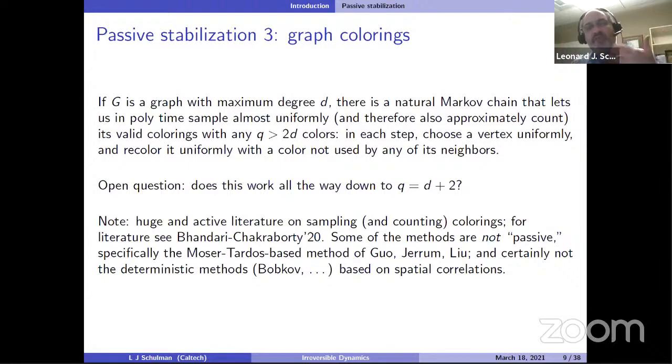But in the realm of these kinds of Markov chain processes, to the best of my knowledge, they're all reversible processes. If you think about the recoloring process I just described, if you had been in a valid coloring already and you can jump from color C to color C prime, you could equally, with the same conditional probability, have gone from color C prime to color C at that vertex. The same flow forward and backwards. So this is what I'm calling a passive convergence to equilibrium.